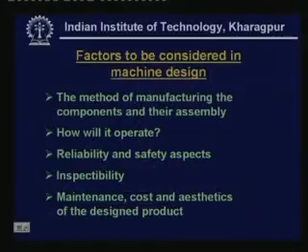That is reliability. All safety aspects, starting from environment to design strength as a whole, should be taken up to make a machine reliable. Inspectability means you have to check the machine from time to time. So, the machine assembly should be such that you do not have difficulty in inspecting the machine.